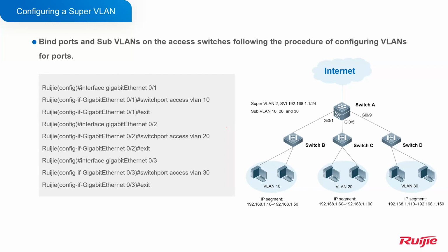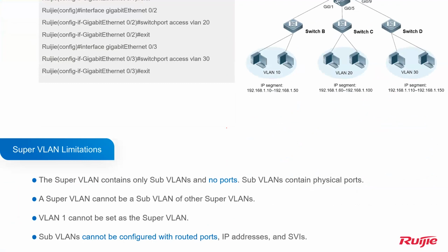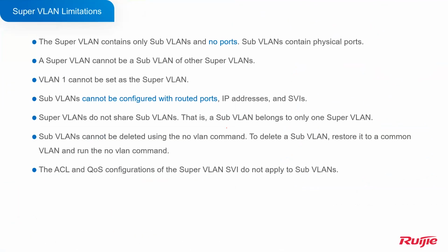But in some cases, the super VLAN has its limitations. Limitations means it cannot be used to solve some of the problems. So let's see. The super VLAN contains only sub VLANs and no ports. Sub VLANs contain physical ports. A super VLAN cannot be a sub VLAN of other super VLANs.